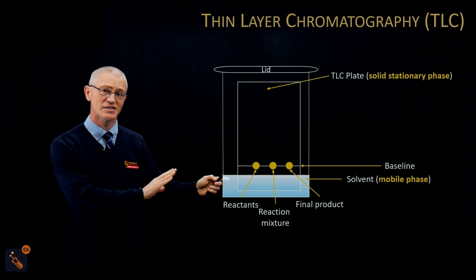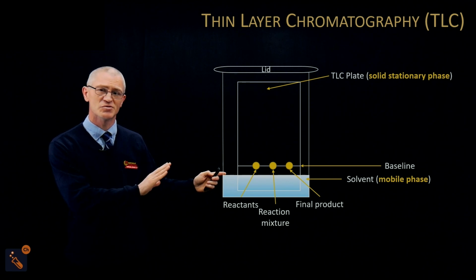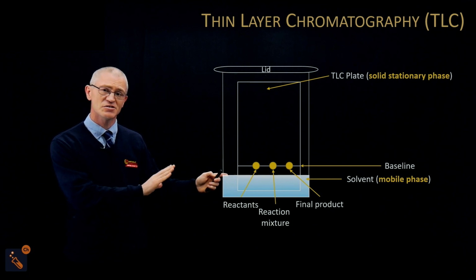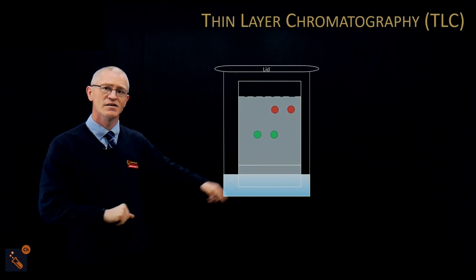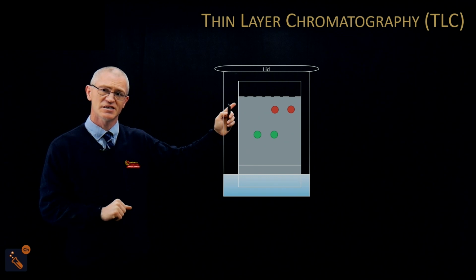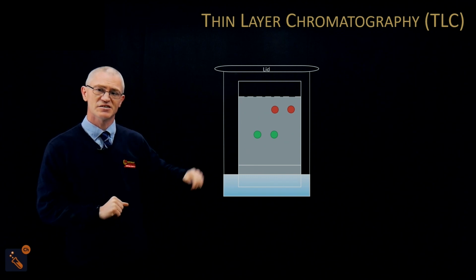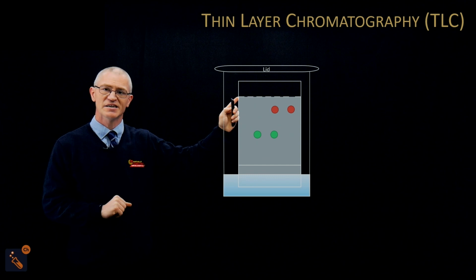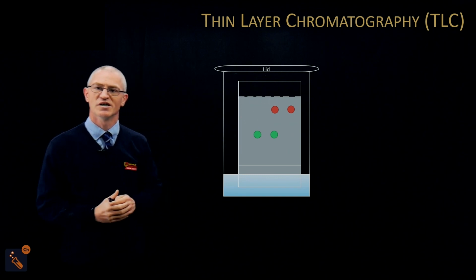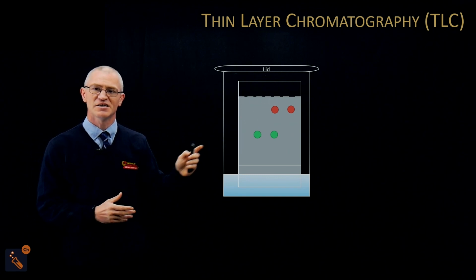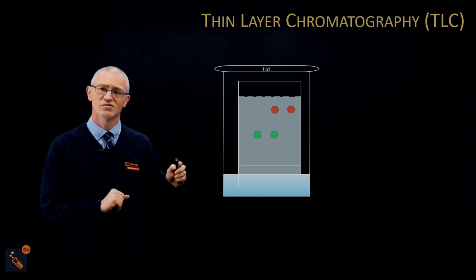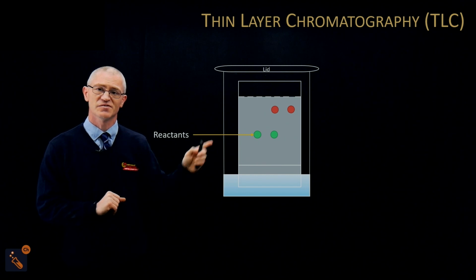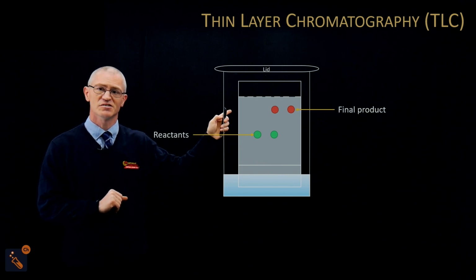You'd normally leave it there for somewhere between 3 and 5 minutes, and as you do that, the solvent will go up the plate. Now you take out the TLC when the solvent gets towards the top, and you mark in pencil the line to where the solvent got to. As you can see, we've coloured the spots in here to make them obvious, but in your exam there'll be black dots. You can see the reactants have got to this level, and our product has got to this level.